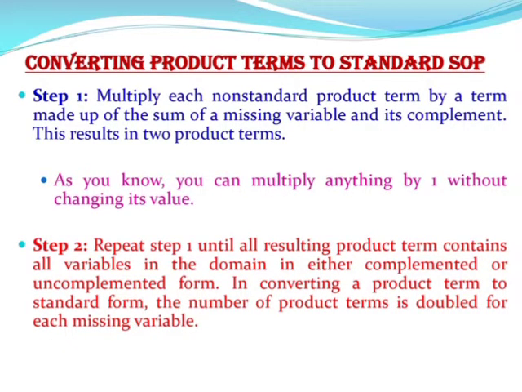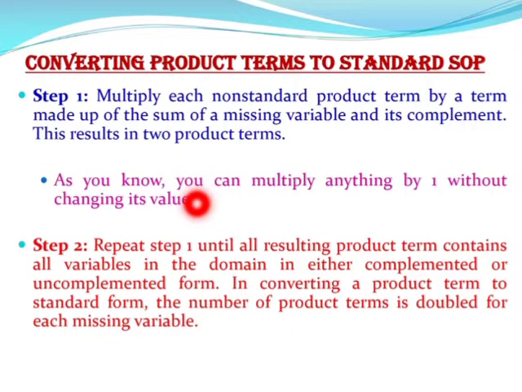Next, converting product terms to standard SOP. Step 1, multiply each non-standard product term by a term made up of the sum of a missing variable and its complement. This results in two product terms. As we know, we can multiply anything by 1 without changing its value. For example, in a term, if the variable A is missing, you should multiply that term with A + Ā.